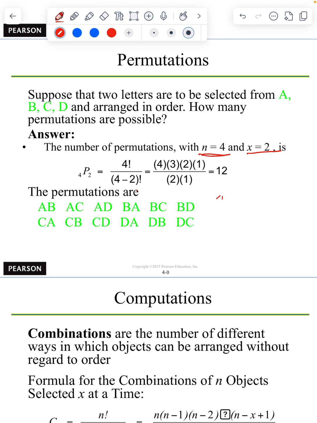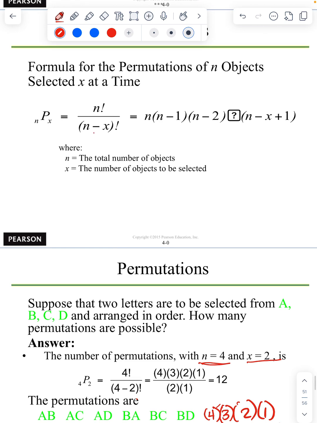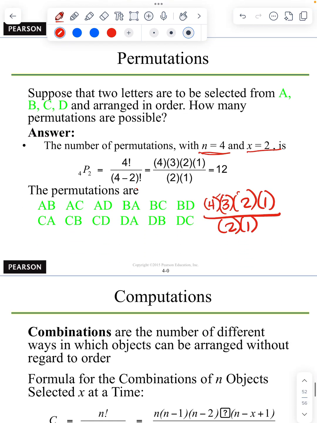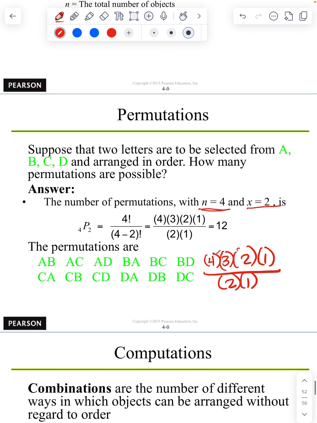So you would take 4 times 3 times 2 times 1 over 2 times 1, because the formula is n, n minus 1, and so on.